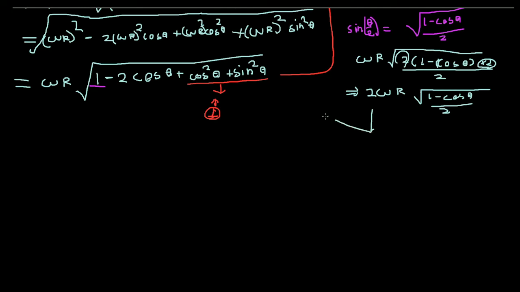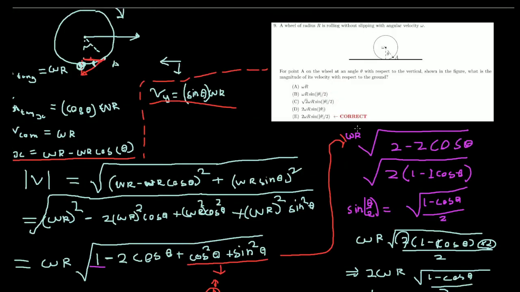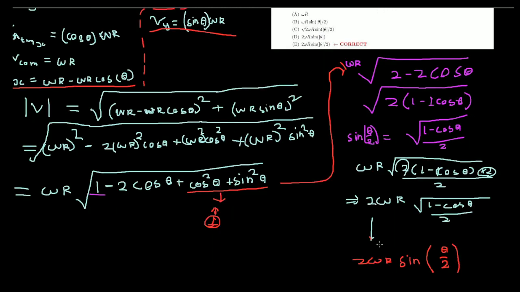Since we use the identity, that just turns into 2 omega R sine theta over 2. Yes. Look, we have 2 omega R sine theta over 2 as choice E. And so, E is correct.